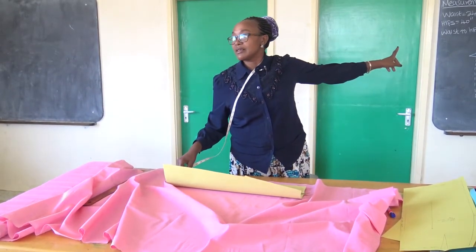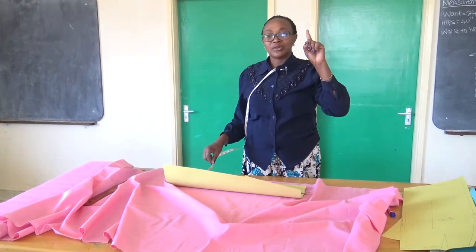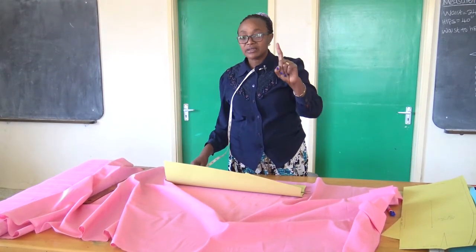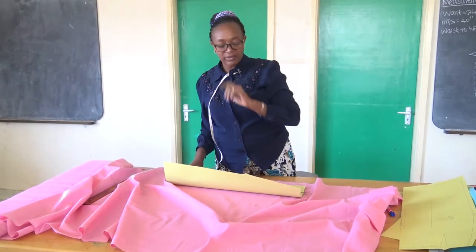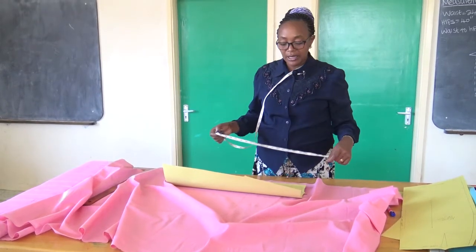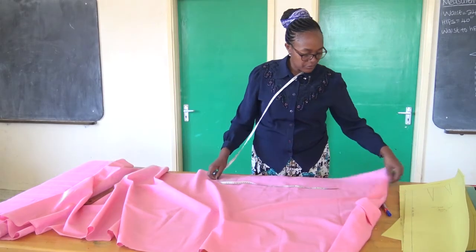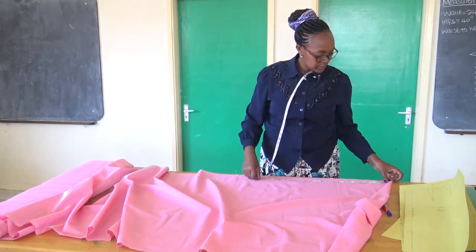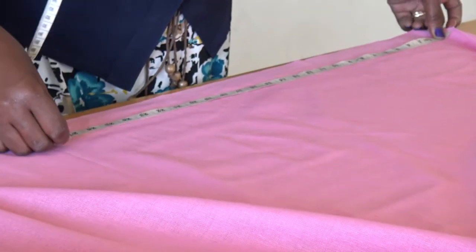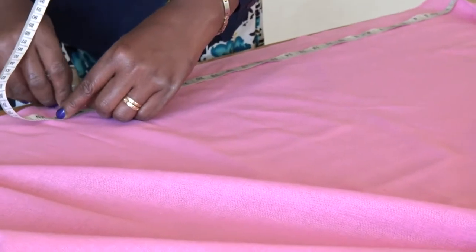The length was 26 inches. So I'll have to cut 26 inches finished length plus 1 inch seam allowance. So my length should be 27. So I will measure 27 inches from this fabric. I'll have to mark that.